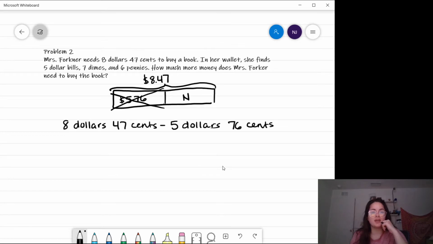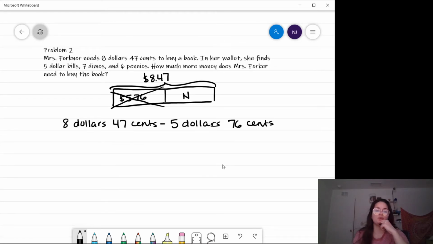Okay, so the second strategy that I'm going to show you is kind of similar to problem number 1, where we're going to do some breaking apart. So if I've got $8.47 and I'm taking away $5.76 from that, I can break apart 76 cents into 47 cents and 29 cents, because 47 plus 29 gives me 76.